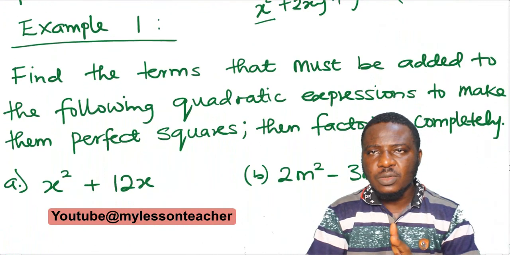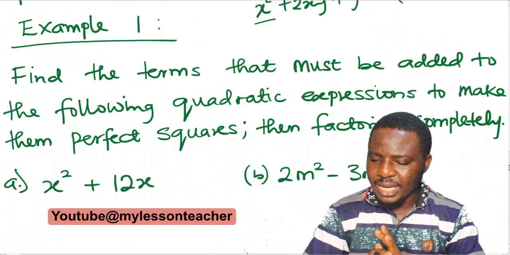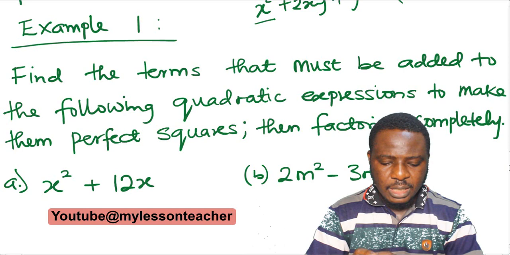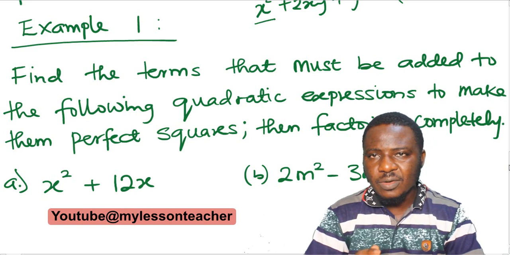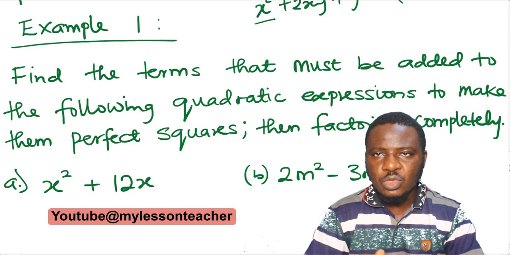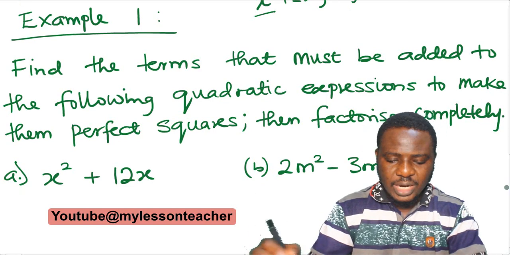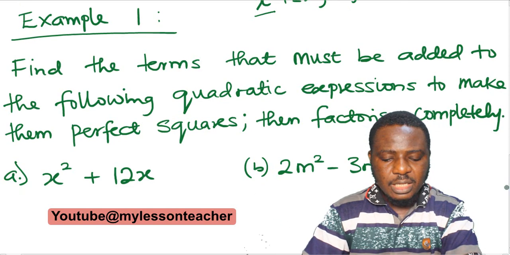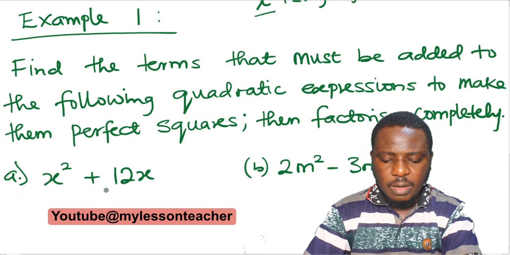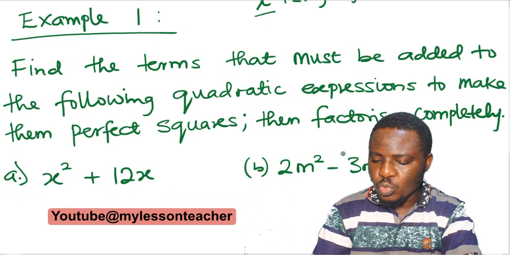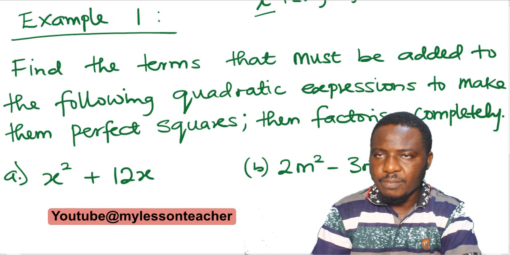So we have two tasks. One is to make it a perfect square and then factorize it. So what is that term that when added to these quadratic expressions will make them perfect squares, after which we shall be able to factorize them? A says x squared plus 12x, and B, 2m squared minus m.